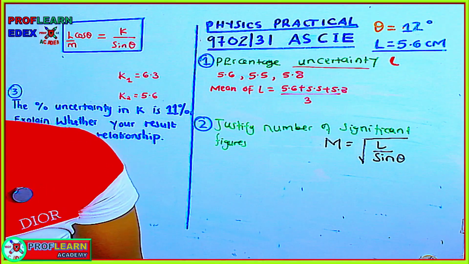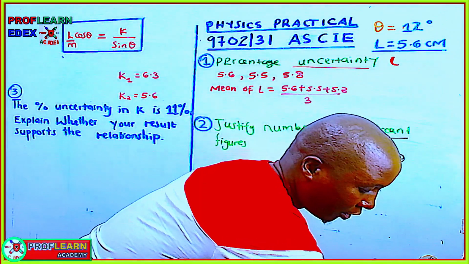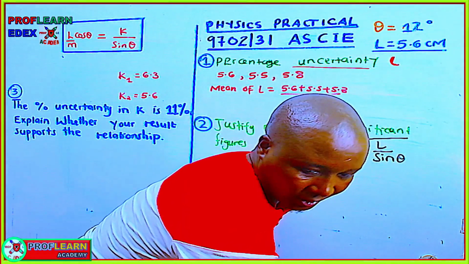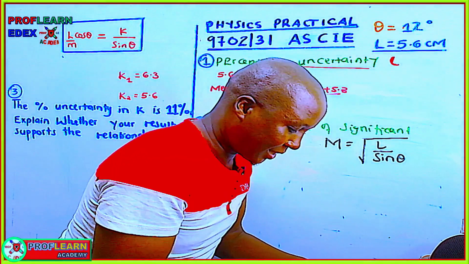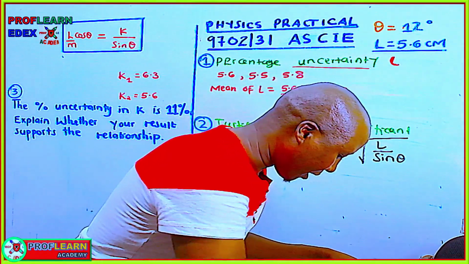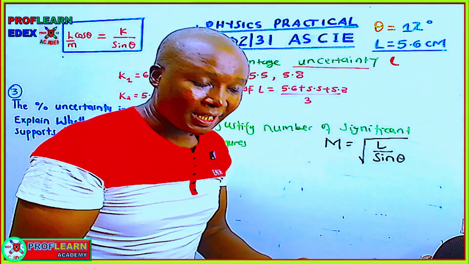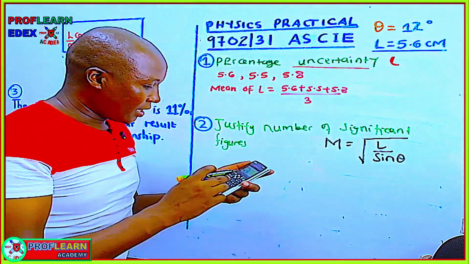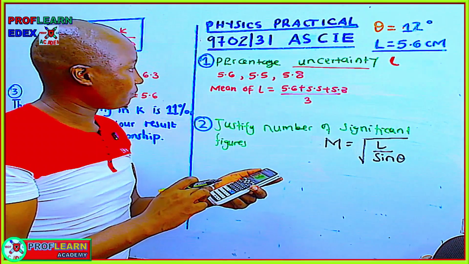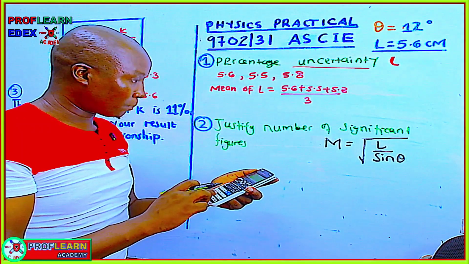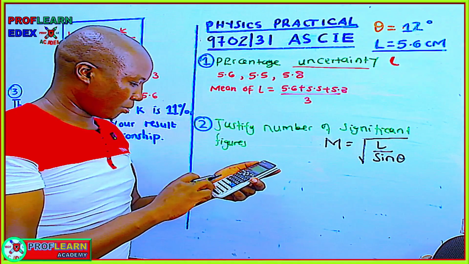Whenever you are asked to find the percentage uncertainty, repeat that measurement they have told you so that you can get 3 different measurements, so we have 5.6 plus 5.5 plus 5.8.